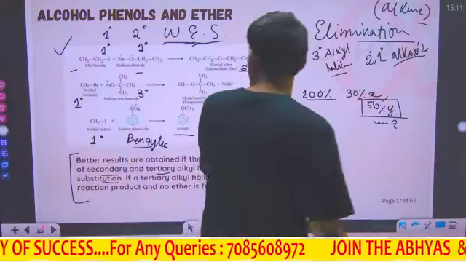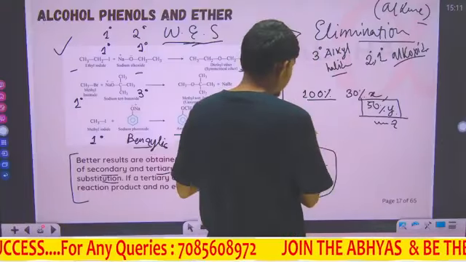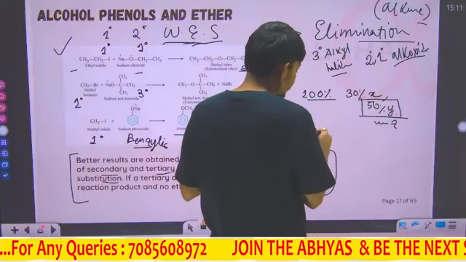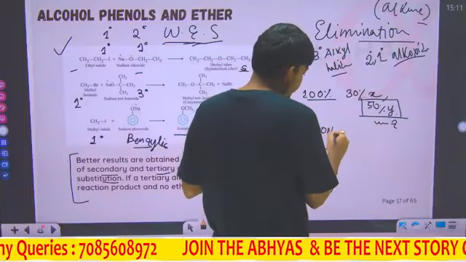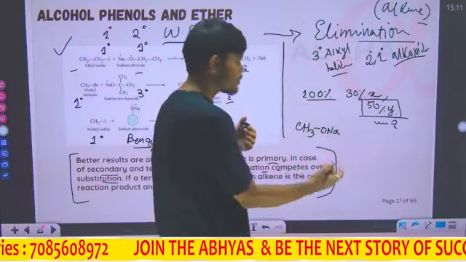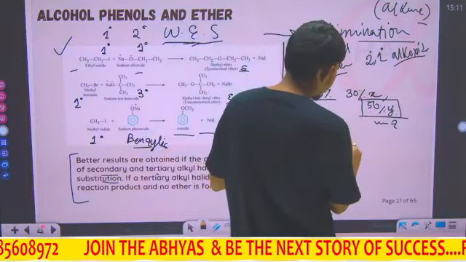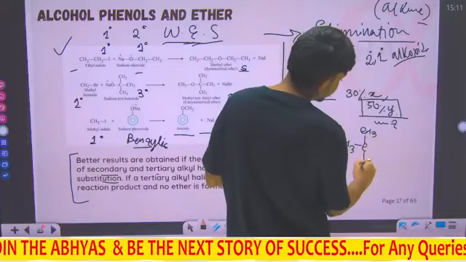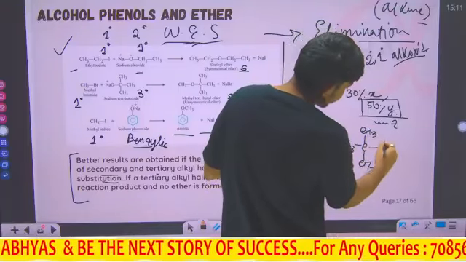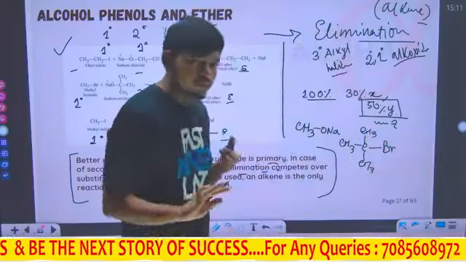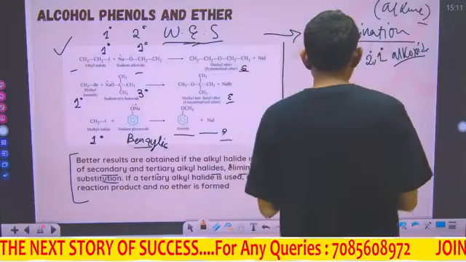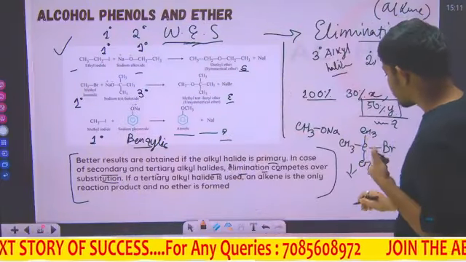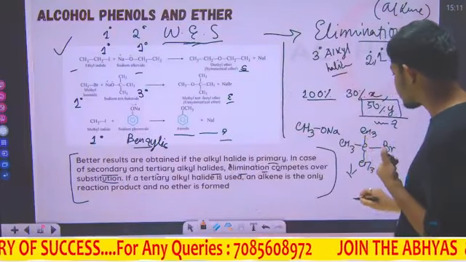If you want an example, I can give it here. Suppose you are taking this. This is your alkoxide ion species. You're reacting with 3 degree. What will be its product? See what happens.